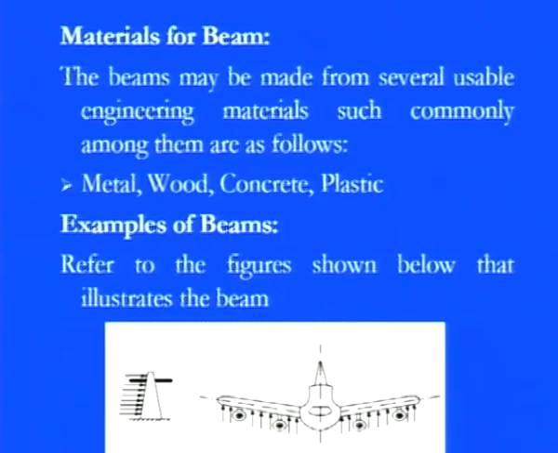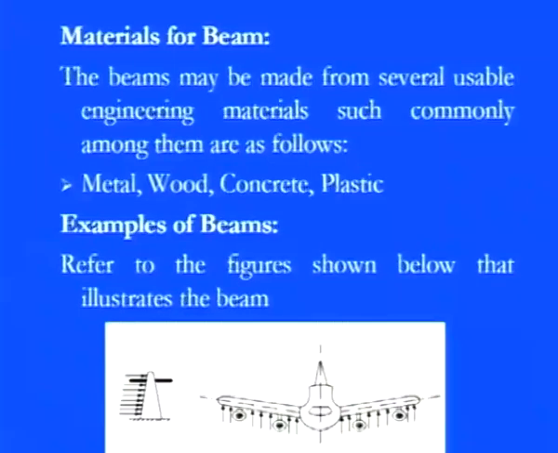That means where you are keeping the beam: on a wall to sustain load, in a swing area, or in an aeroplane as shown in the figure below. Corresponding materials are chosen to resist the bending stresses. The commonly used materials are metals of various kinds, wood, concrete and plastics.